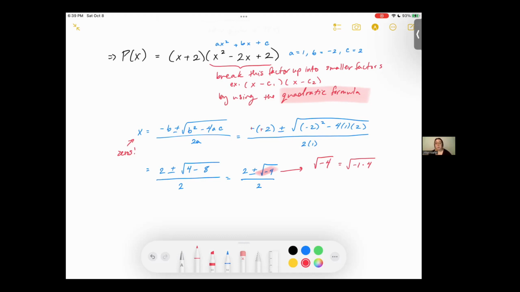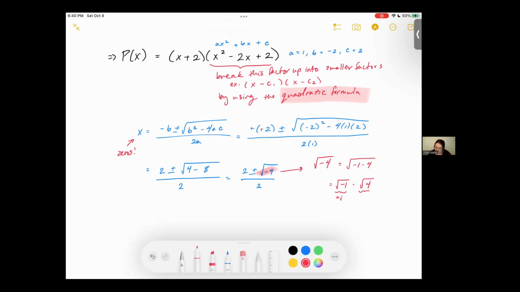And then we can separate the square root into 2 square roots. You can do that whenever you have multiplication or division underneath square roots. So this, and we're going to put this on the next line actually, is the same thing as the square root of -1 times the square root of 4. Well, we said the square root of -1 is i, the imaginary number.